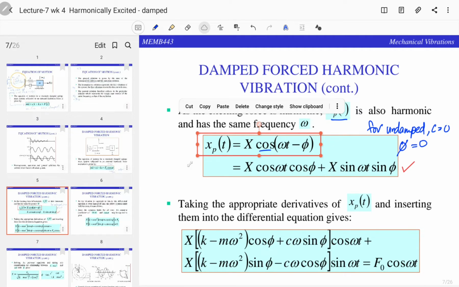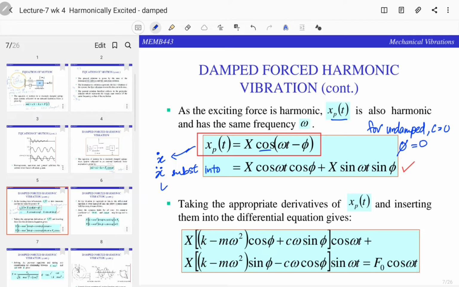From this expression, you want to get your terms for x dot and x double dot, and then substitute into your EOM. That means your EOM is m x double dot plus c x dot plus kx equals F naught cosine omega t.